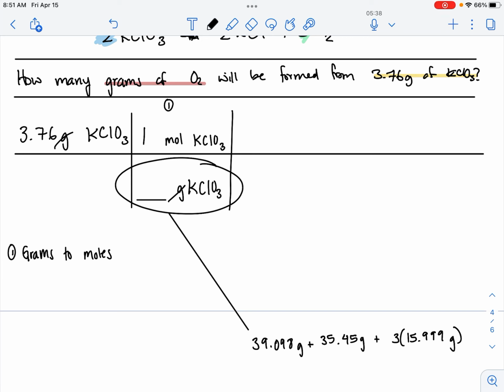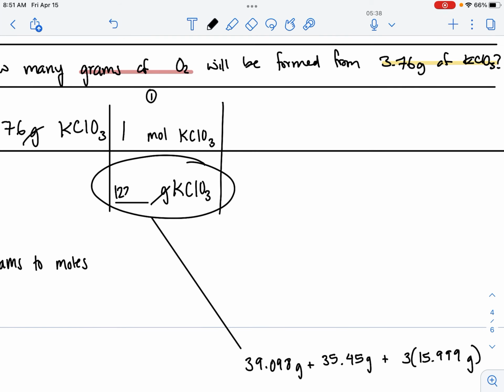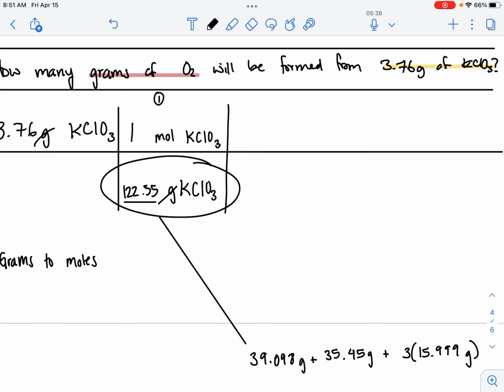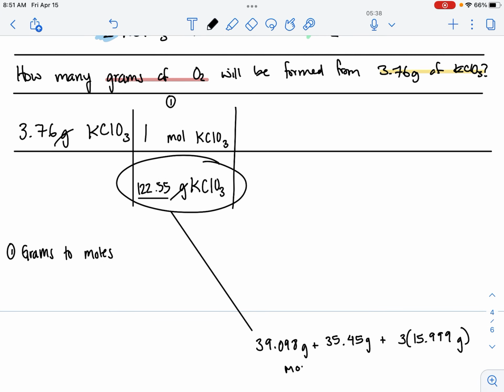I'll give you a second to put that into a calculator. All right, you should get 122.55. And that's also another word for molar mass. So if you ever get asked to find molar mass, you know that you should just be adding all of the different elements together.